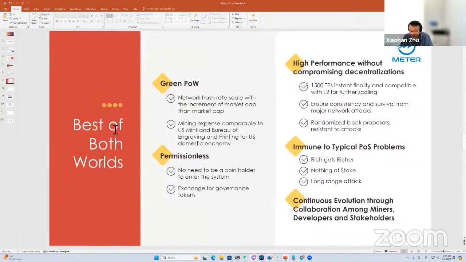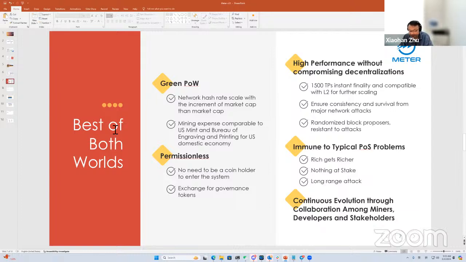So by doing this, we can actually combine the benefit of both worlds for proof of work and proof of stake. Because on the proof of work side, the model is different. Instead of having a fixed block reward, the block reward for the proof of work blockchain increases as more hashing power comes into the network and decreases when there is less power and computation in the network.